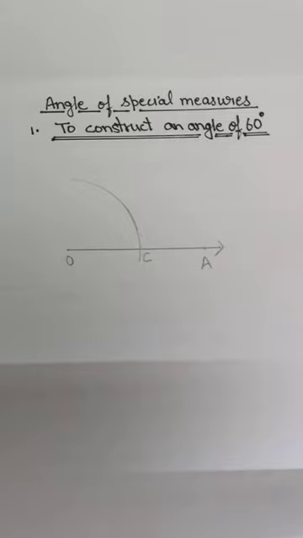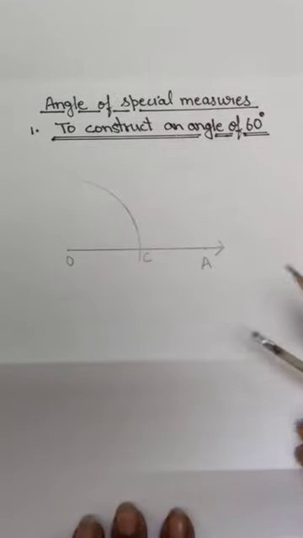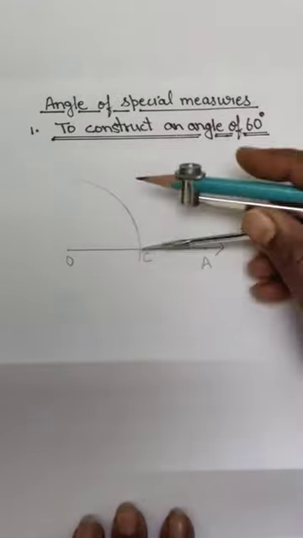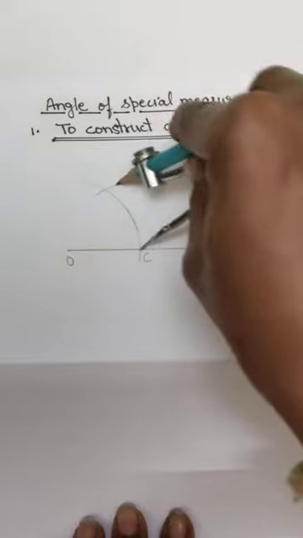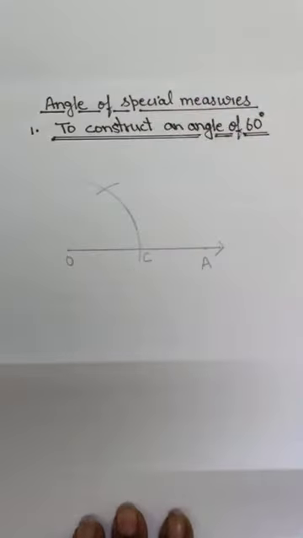Clear? Now with C as a center and same radius, we will not change the compass setting. With C as a center and taking same radius, cut this previous arc.